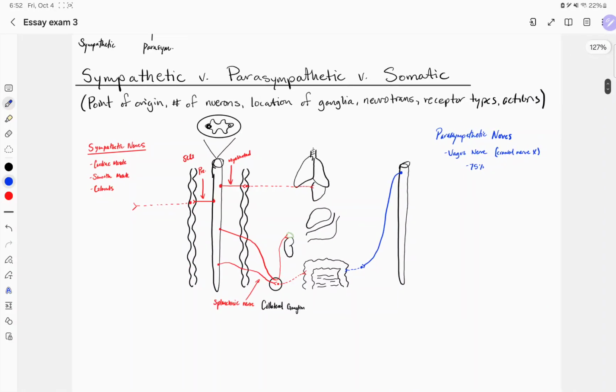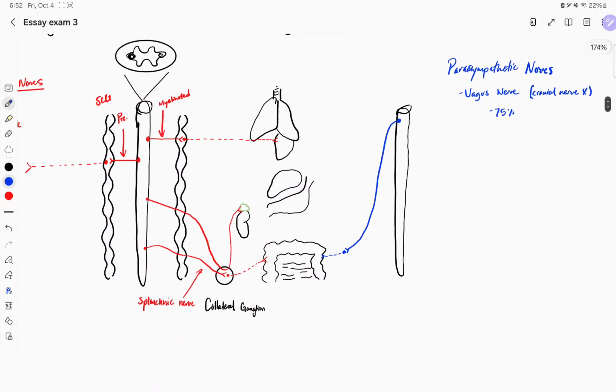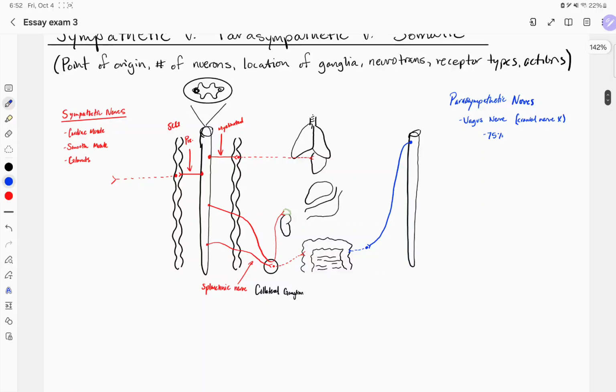Something I forgot to mention is that when we're talking about the sympathetic nervous system, we're talking about fight or flight responses in the body. Whereas with the parasympathetic nervous system and nerves, we're talking about rest and digest.